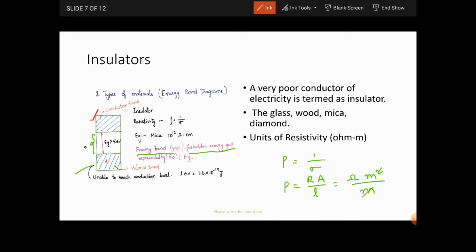So the units of resistivity are ohm meters. For example, mica has a resistivity of 10 power 12 ohm centimeters. So this is about the insulators.